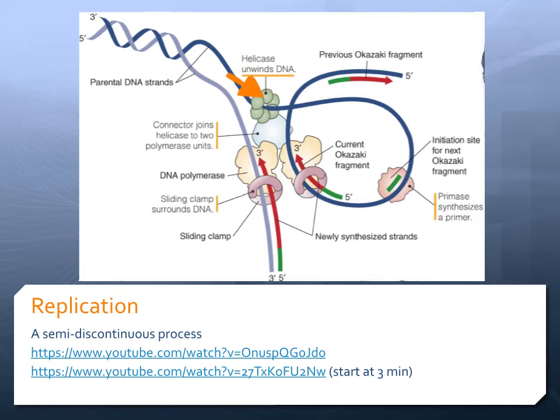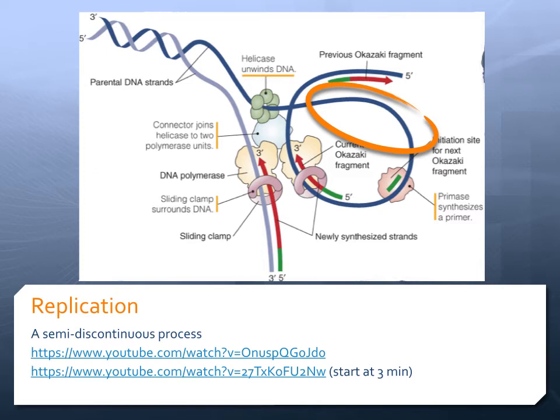So it has to be reconciled because, in fact, the synthesis goes backwards while the moving of the polymerase goes forward. So in order to be able to do the two things at the same time, what will happen is that a relatively long piece of DNA will be uncovered, will be single-stranded.